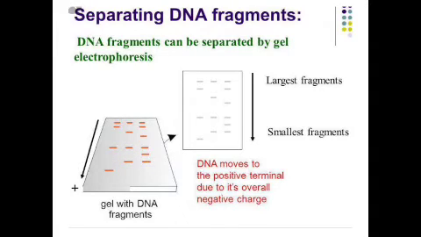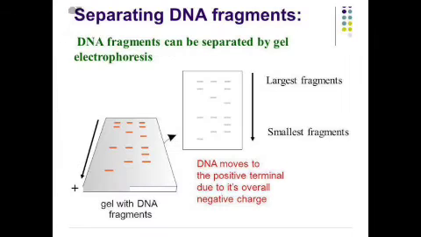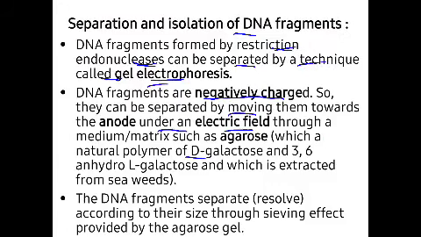After that we apply a certain electric field. Now this DNA fragment is negatively charged, so this negatively charged DNA will tend to move towards the anode, that is the positively charged electrode.